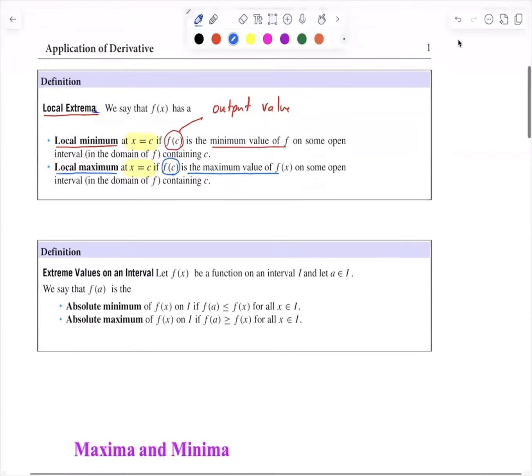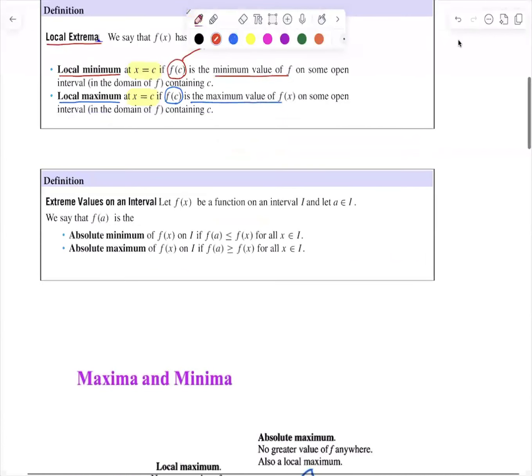We can also define extreme values on an interval. An absolute minimum of function f of x is f of a, where f of a is the smallest output value in that interval. The absolute maximum of function f is f of a, the output value of the function, which is maximum with respect to all other output values.